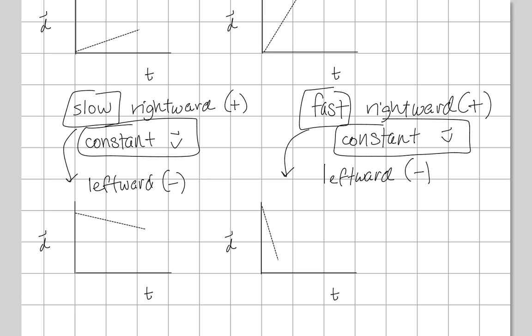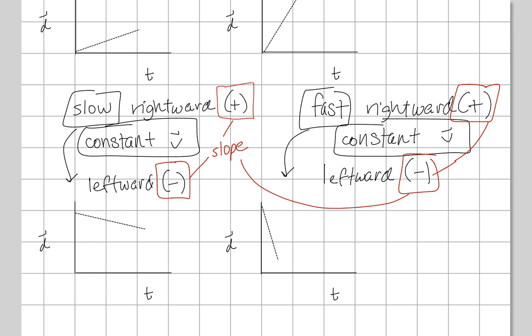Okay? So just to reiterate this fact, because you might forget it, this positive and this negative has to do with slope. Graphs that rise to the right have a positive slope. Graphs that fall to the right have a negative slope. Okay?